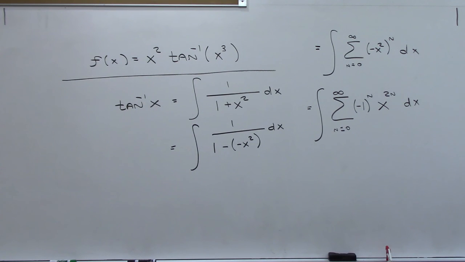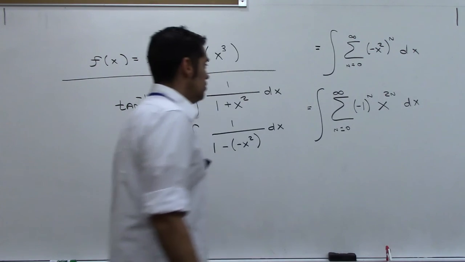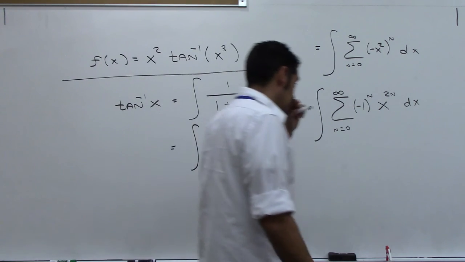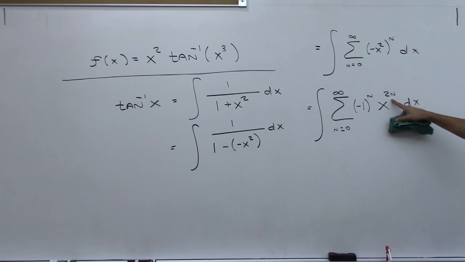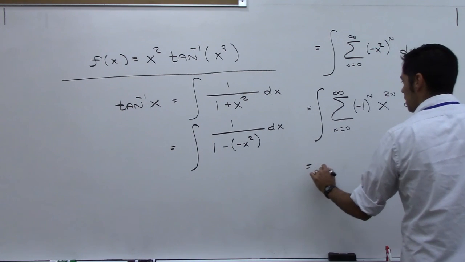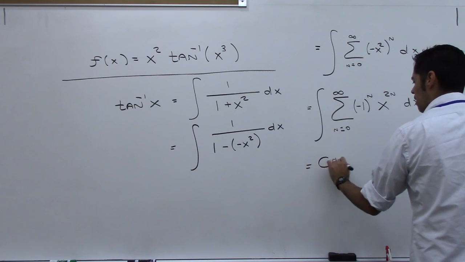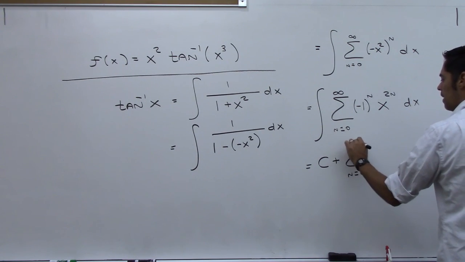At this point, I can use the rule for antiderivatives of a series, and I can just do, all right, no more integral. This is equal to some constant plus a new sum. N is still going to start at 0 and go to infinity.